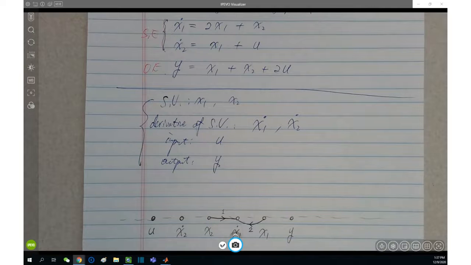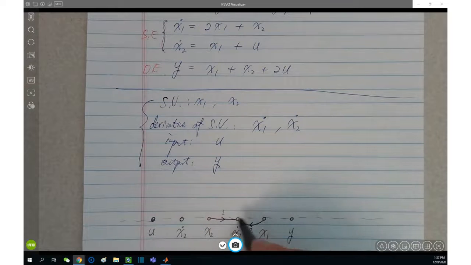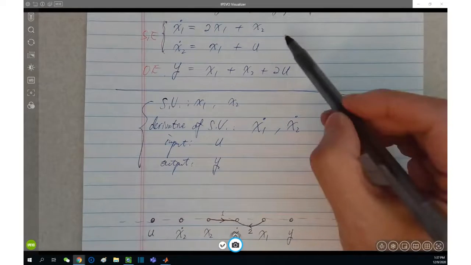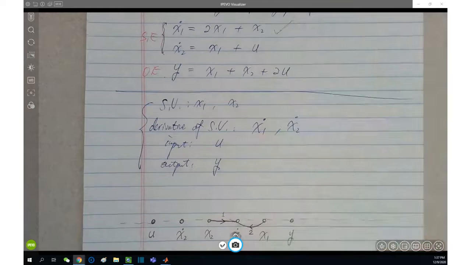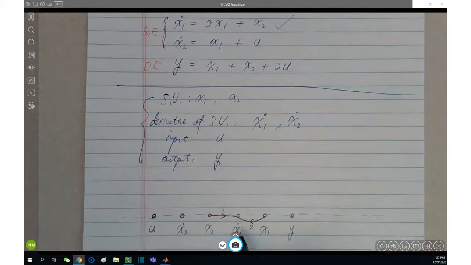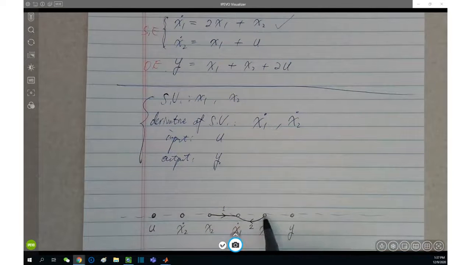This is moving forward, so you can draw it along the horizontal line or above it. This is the first equation done. x1 dot equals 2x1 plus 1x2. This is how we do it. First equation done.